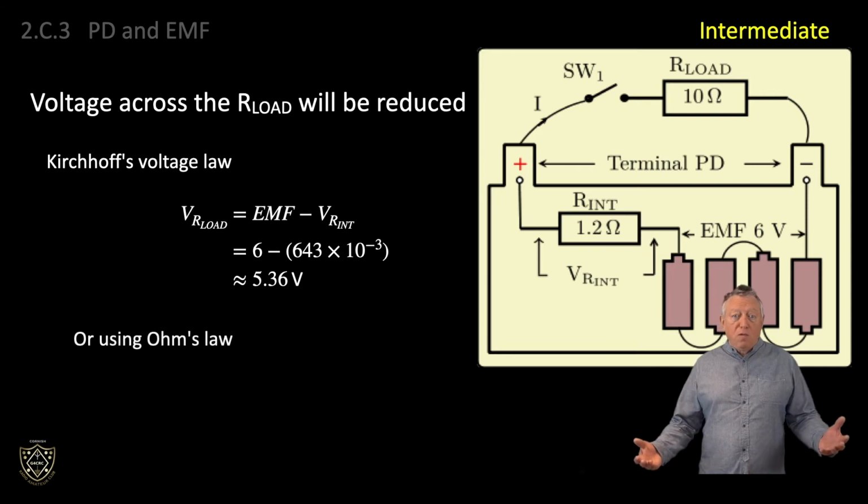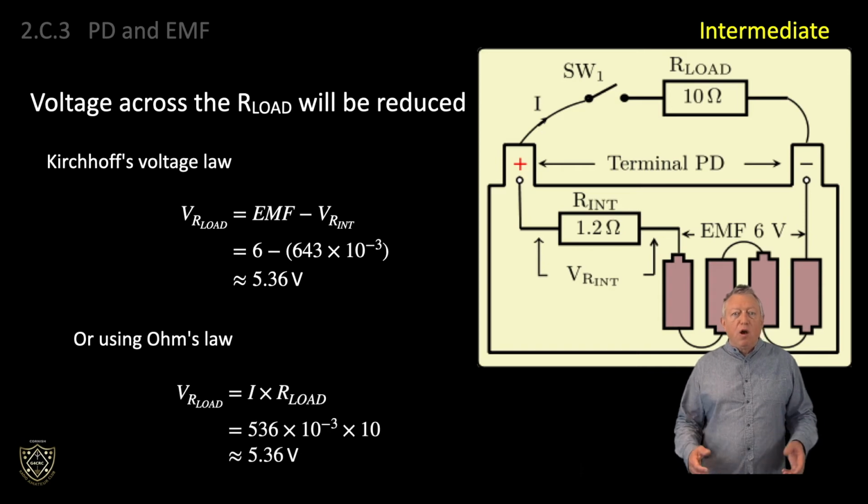Or using Ohm's law, VR load equals I times R load, which equals 536 times 10 to the minus 3 times 10. The same answer again, approximately equal to 5.36 volts.